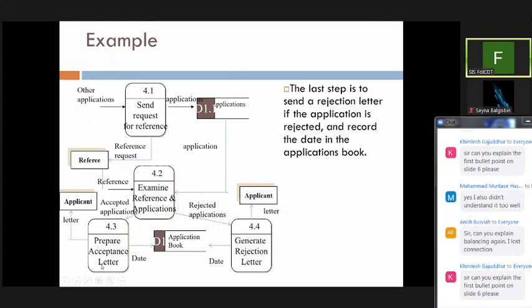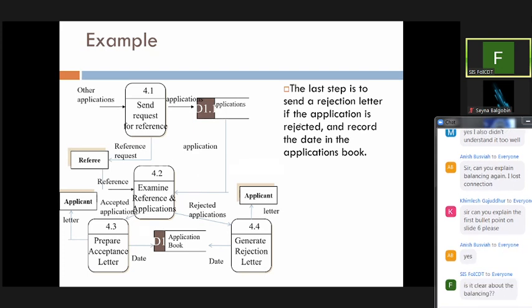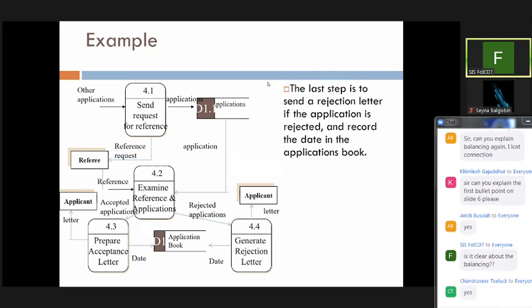So as far as possible, I'm going to limit it to whatever number of inputs I mentioned in the high level DFD, it should be the same. Whatever outputs have been mentioned should be the same in your level DFD. Is it okay? Is it clear now?